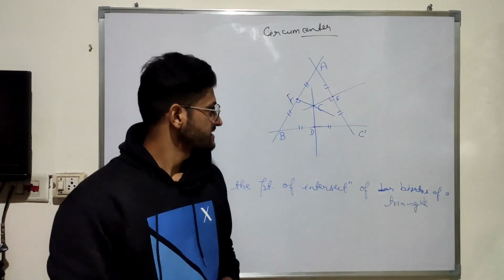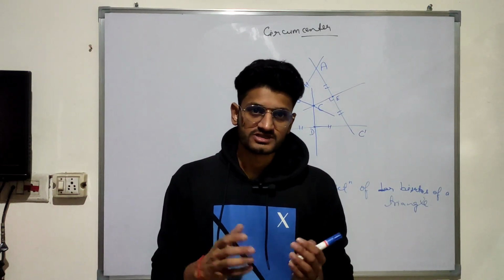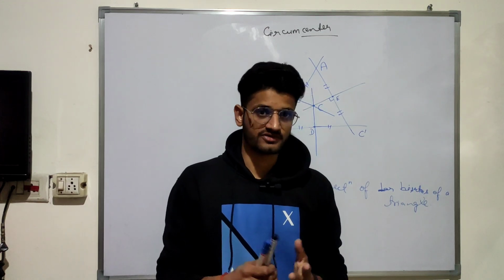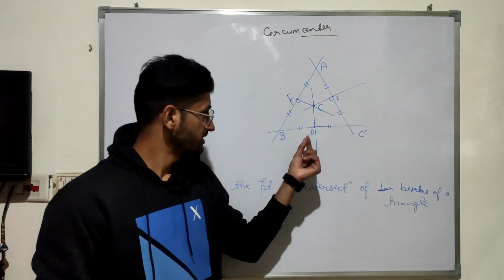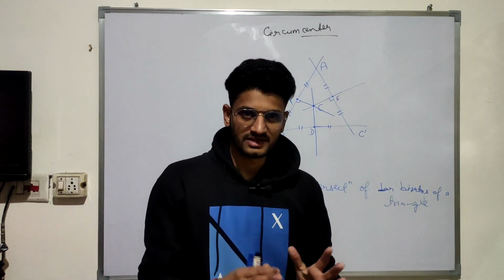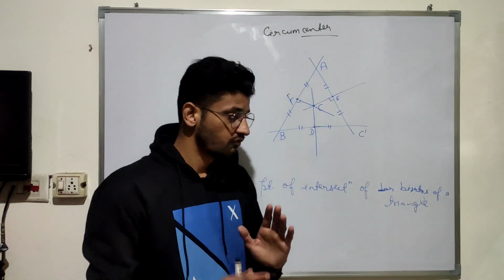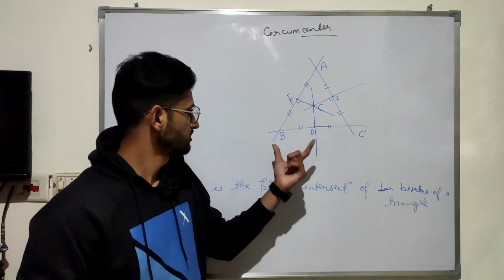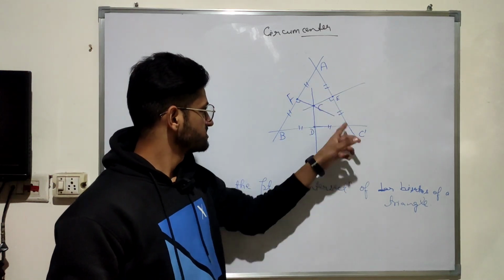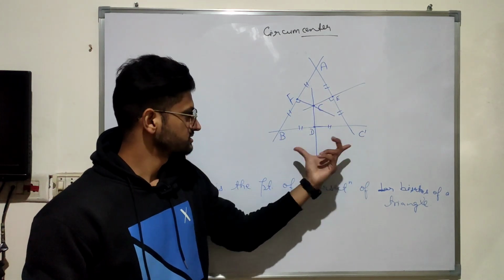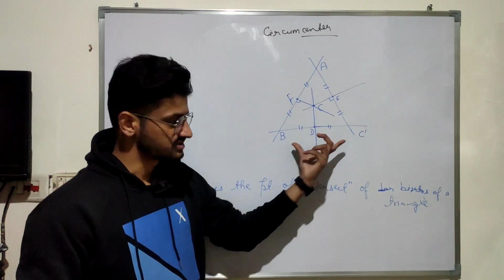Problems based on the circumcenter as well as more concepts will be discussed after we study equations of straight lines, because we will not discuss the formula here. We will directly use the applications of straight lines to find the circumcenter. Suppose we have the coordinates of A, B, and C. If we know the coordinates of B and C dash, we can write the equation for this side.